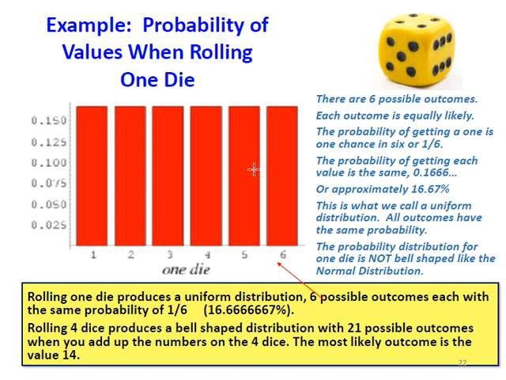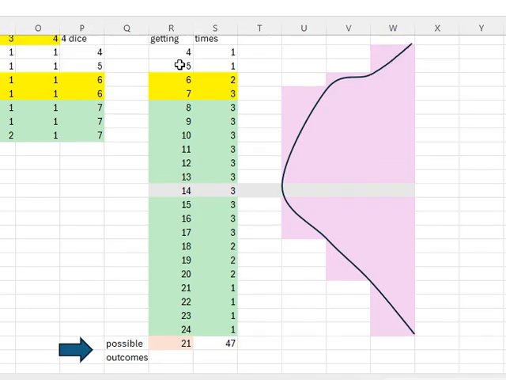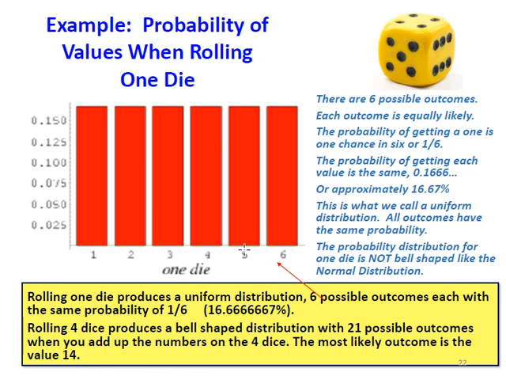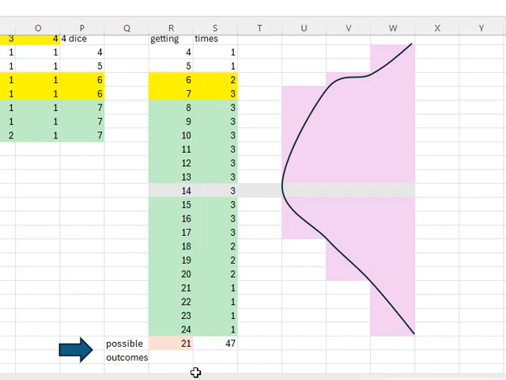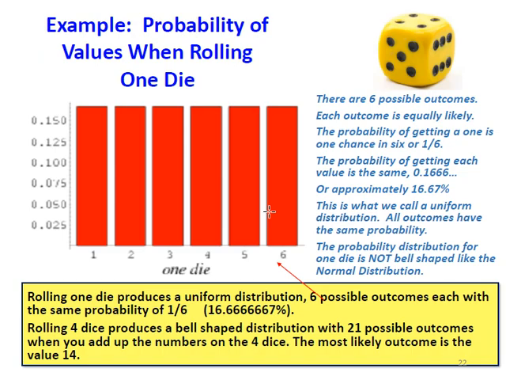Although you have 1296 different combinations of dice rolls, the possible sums range from 4 to 24, starting from 4 to 24. Which gives you 21 distinct sums, right there.